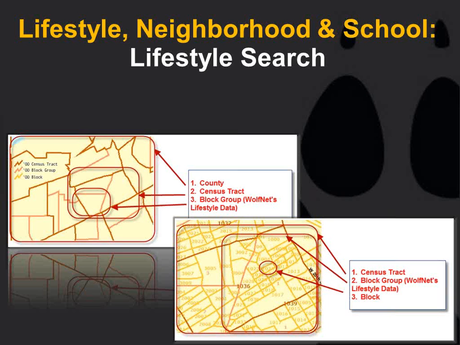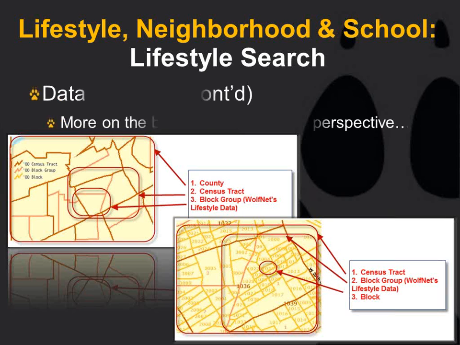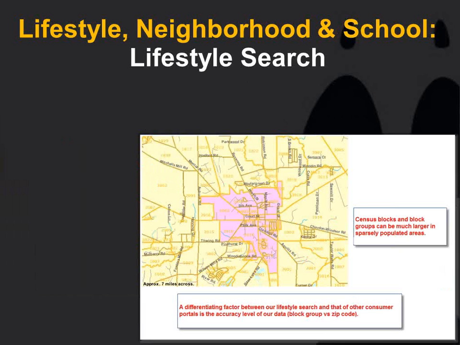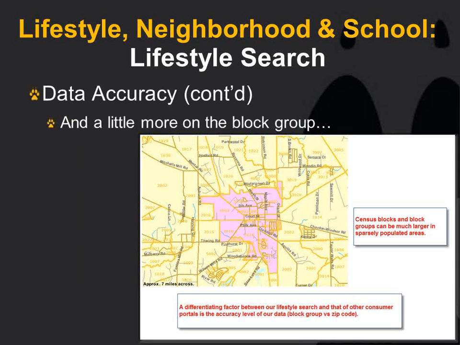The second image I've got up here is just to give a closer look at a census tract and the block groups that might make up a tract. And in this last image, I just wanted to demonstrate that the size of the block group can vary depending on how heavily populated an area is. In this example, the block group is larger because the population is more spread out.